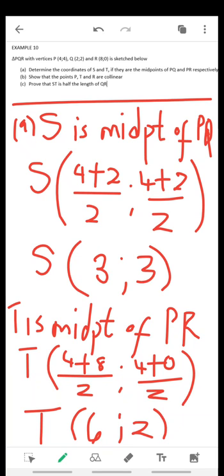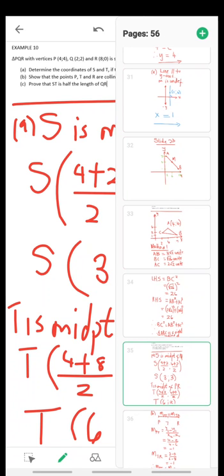Then T being the midpoint of PR, I'm going to use the coordinates of P and R to find the coordinates of T as the midpoint. So T is the midpoint of PR. Then I found that T was (6, 2).